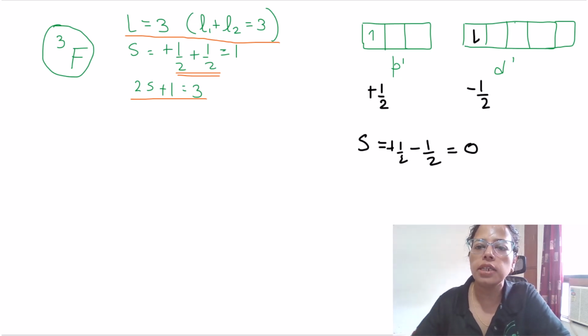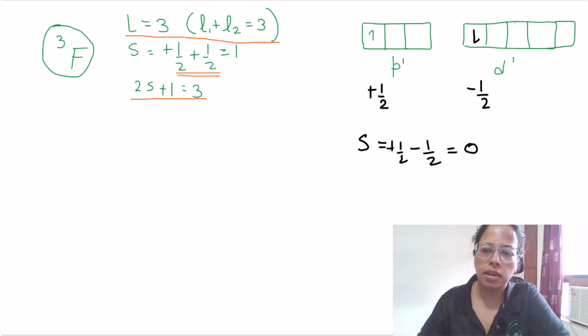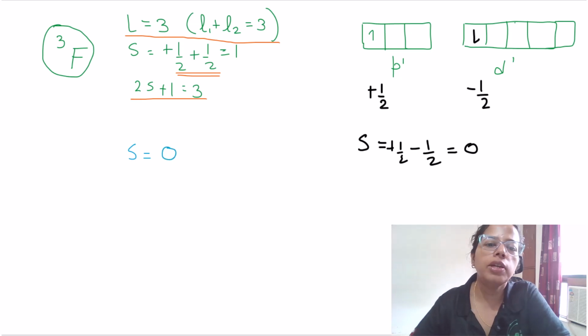This anti-parallel orientation can be possible for either P1 or D1. If one is parallel, another is anti-parallel. So this possibility exists. Now, if the total spin value is 0, then what does the multiplicity become? It becomes 1.